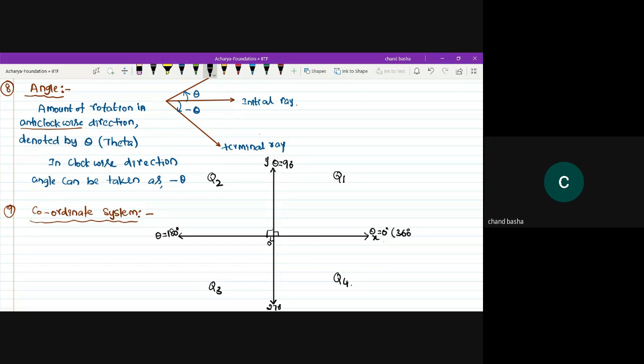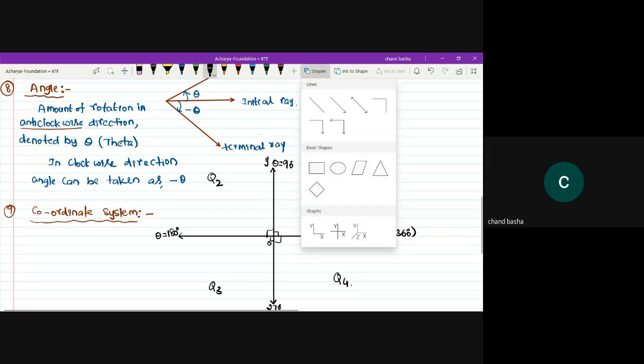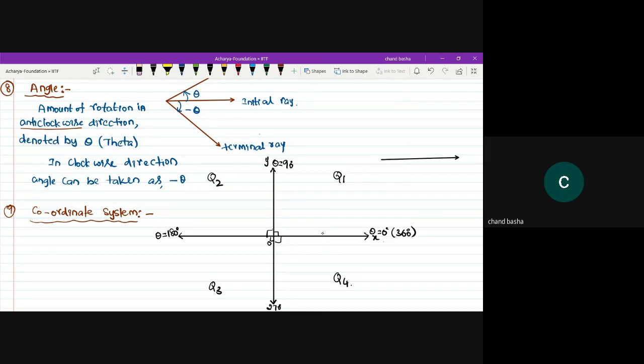To complete one circle, take one line; we start and rotate it to complete the total circle. The theta value to complete the total circle is 360 degrees. So to complete one closed circular figure, we require 360 degrees. In the first quadrant, theta is from 0 to 90; second quadrant, 90 to 180.